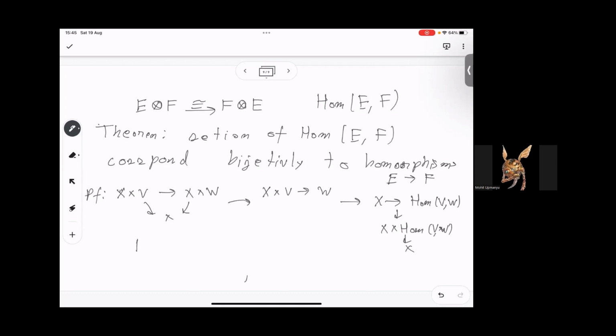We can define a map from Γ(Hom(E, F)) to the set of all vector space homomorphisms.